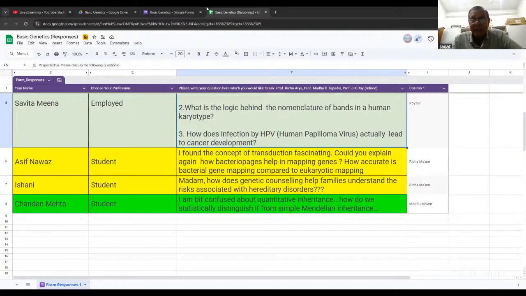So band number 1 has subband 1, subband 2, subband 3, so it becomes 1, 1, 1, 2, 1, 3. The main thing is the entire chromosome is subdivided into different regions, and thus any anomaly or any kind of difference in a chromosome can be identified clearly.